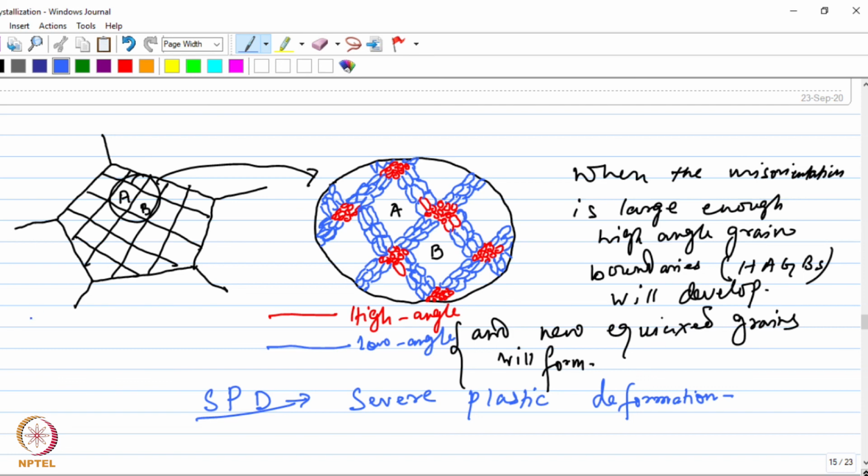For example, here the mechanism that just now we talked about, the MSB mechanism, this may be prevalent at very large strain, like what you have in case of severe plastic deformation, right? So these are the few things to remember when you talk about dynamic recrystallization and the different forms of dynamic recrystallization. All right, with that we can wind up this lecture.